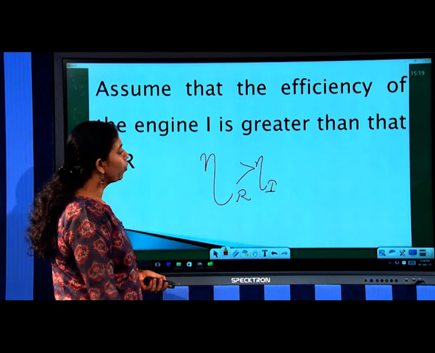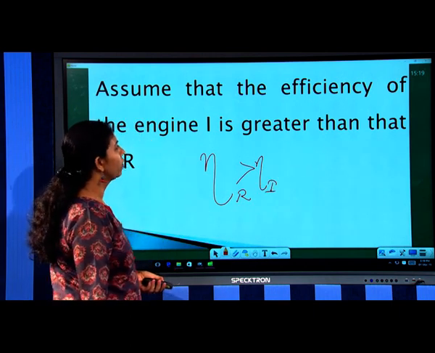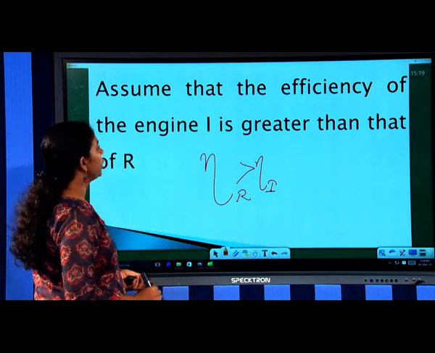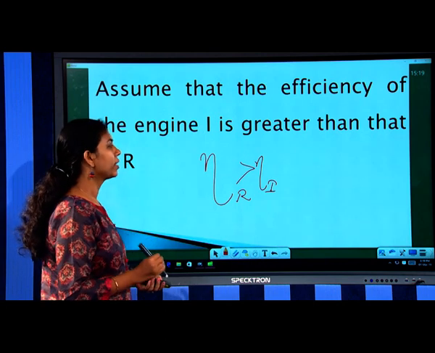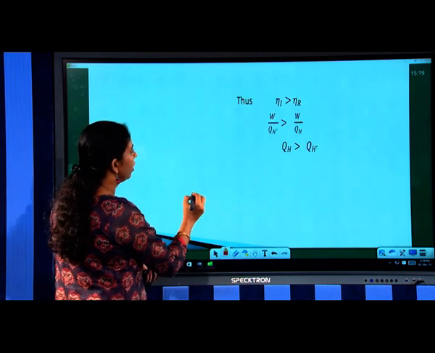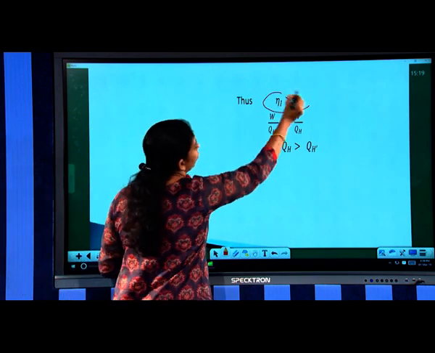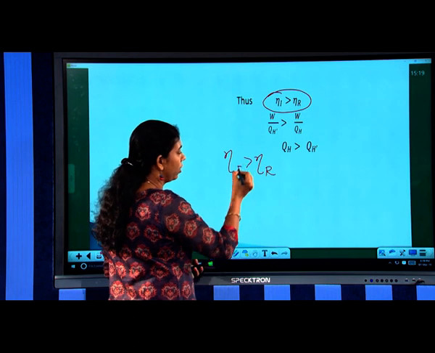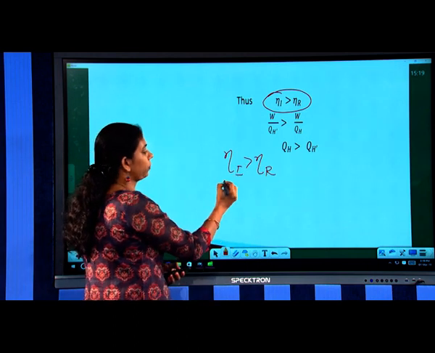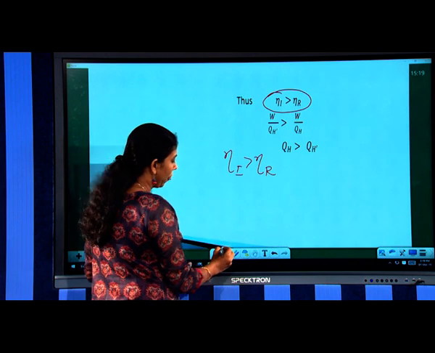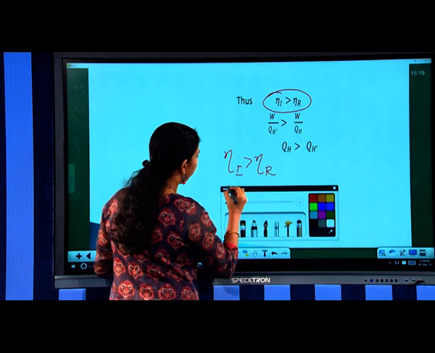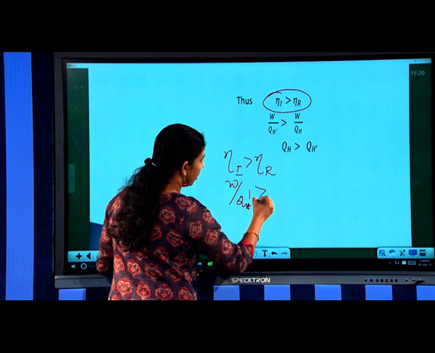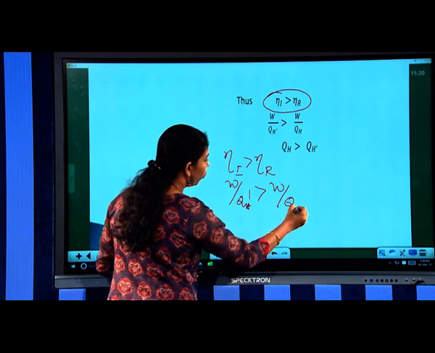But in order to prove this theorem, we take an assumption: assume that the efficiency of the engine I is greater than that of R. That is, eta I is greater than eta R. Then eta I is given by the equation W by QH dash, greater than W by QH.